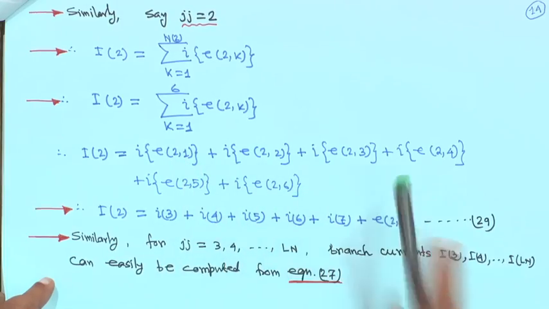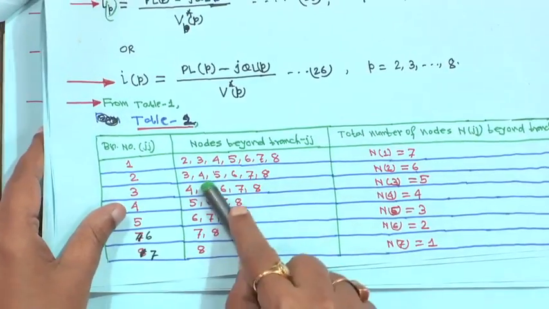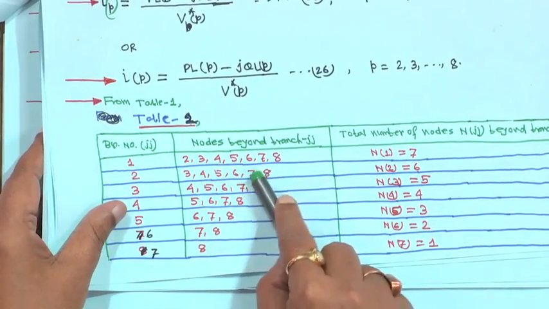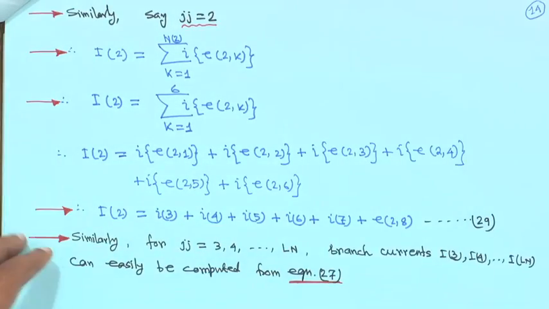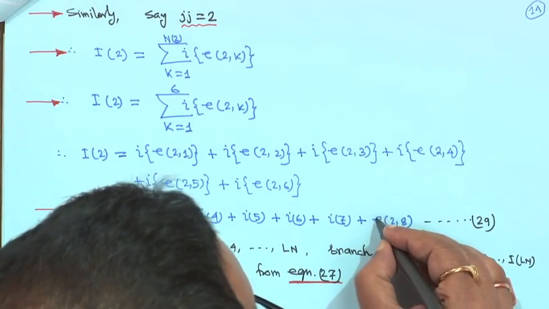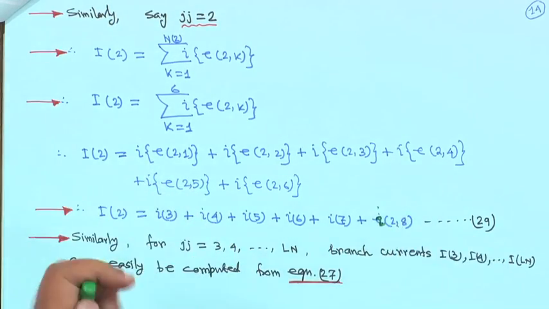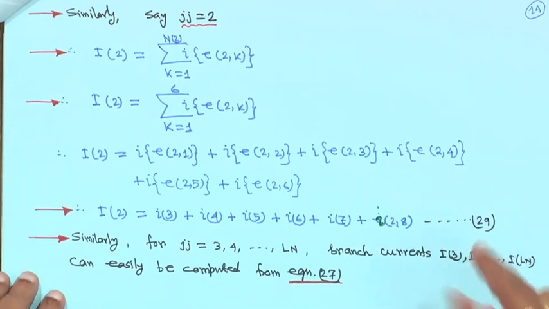E 2 1 and all these data are read, it is 3 4 5 6 7 8, all these data are read in the computer. Therefore, I2 is equal to I3 plus I4 plus I5 plus I6 plus I7 plus I8, right. Therefore, this is equation 29.